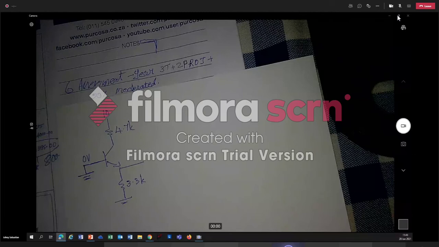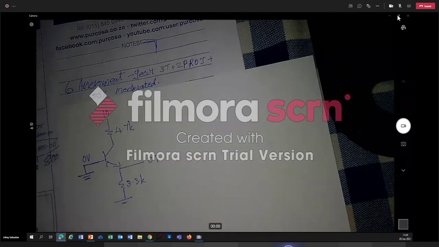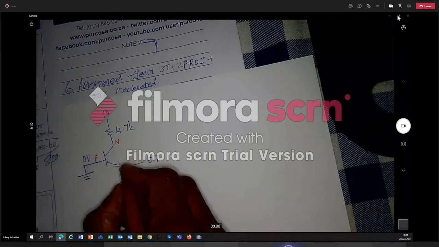Don't just sing a song. Think before you answer. Do you think if you put a 0.7 like that, this BJT is going to conduct? Where is N?